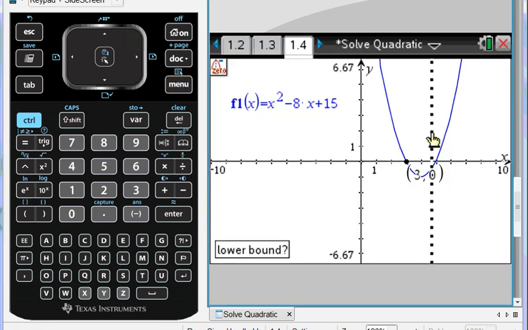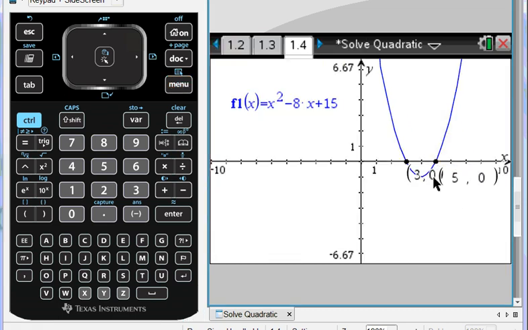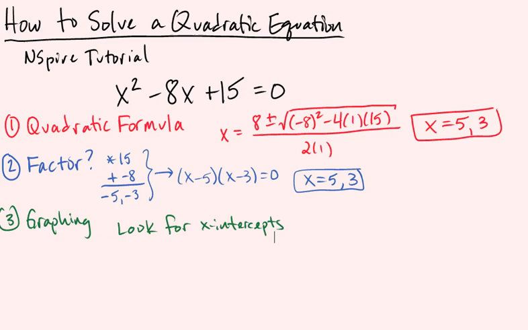Look for the zero, left of it, right of it, and if you can't read them, move them around. My two solutions again are 3 and 5. So again, that method was to graph it, and just a quick sketch here, and I get my two x-intercepts if there are any, and so I get x equals 3 or 5.